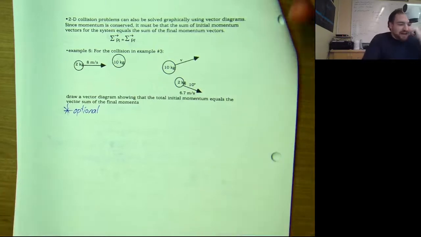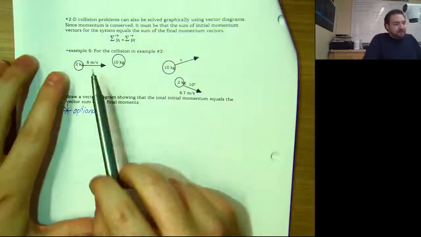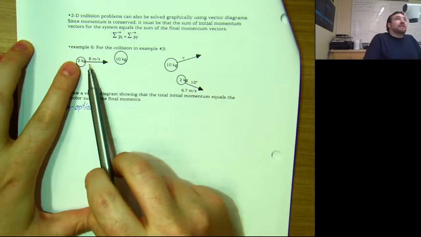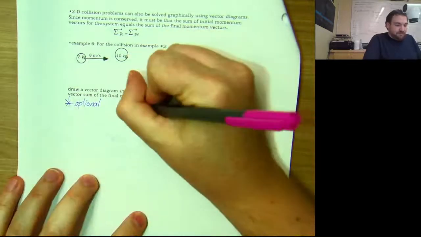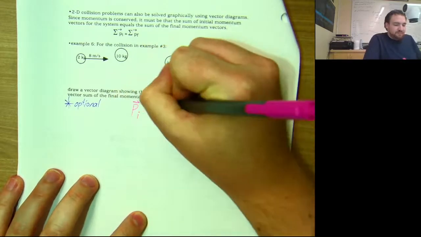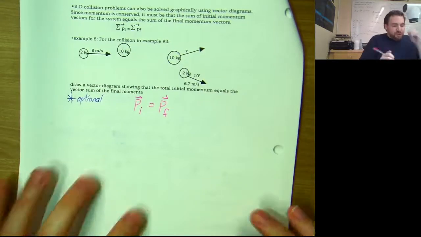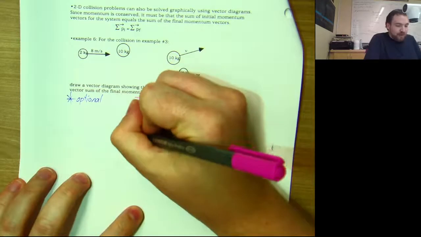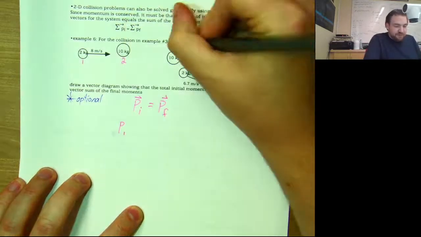So here we go. Example 6. For the collision in example 3, we've got momentum initial equals momentum final. Okay. So I've got my momentum of object 1, my momentum of object 2.